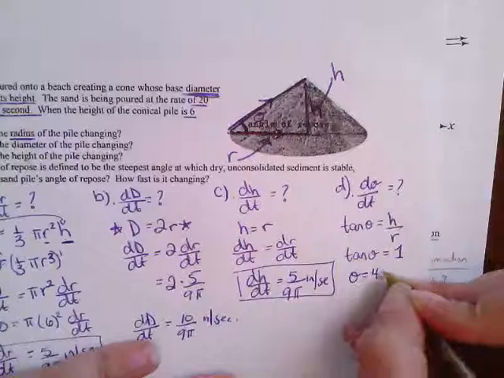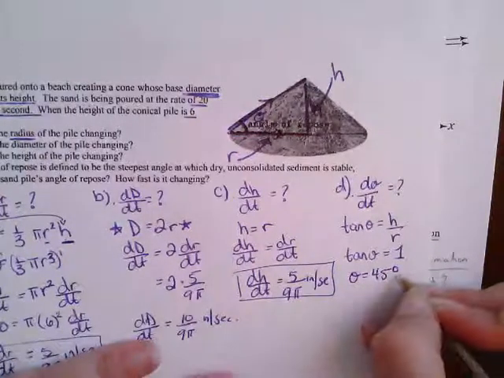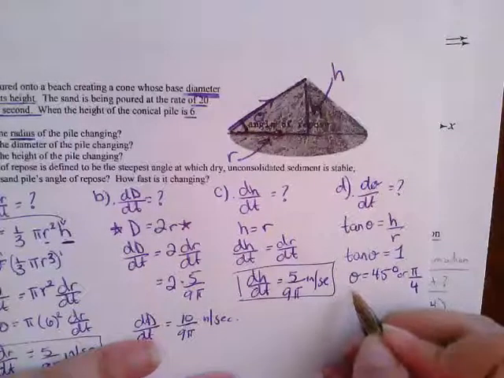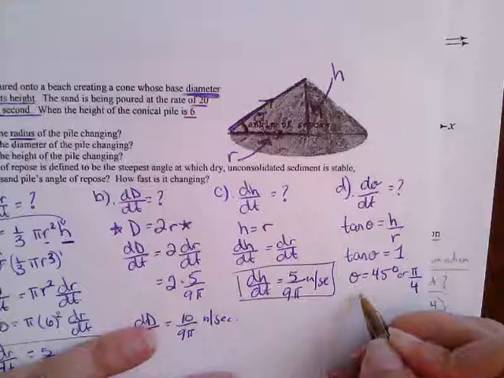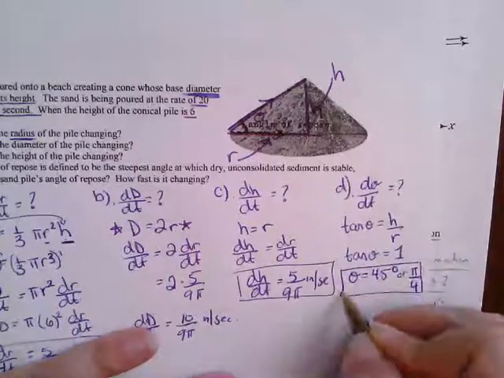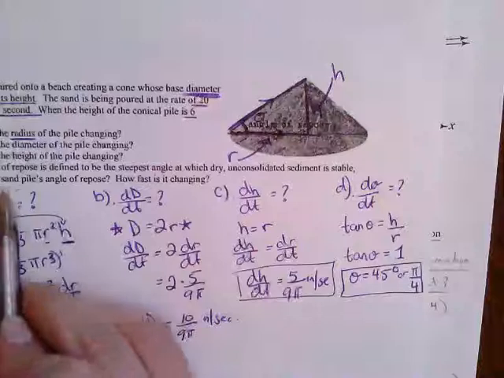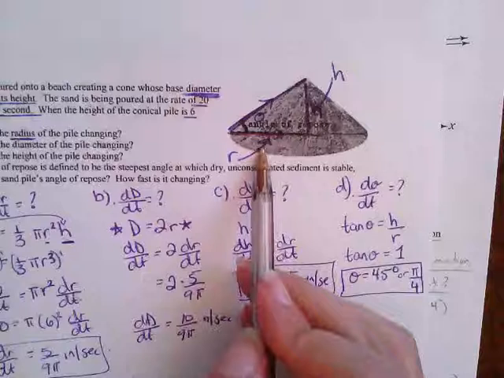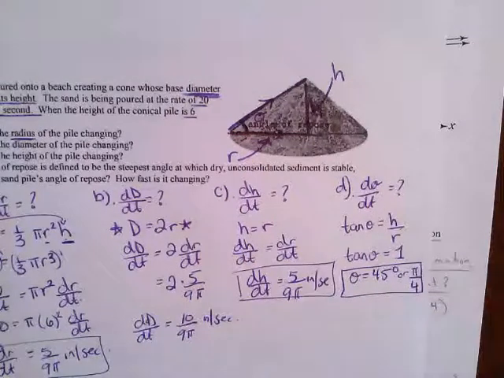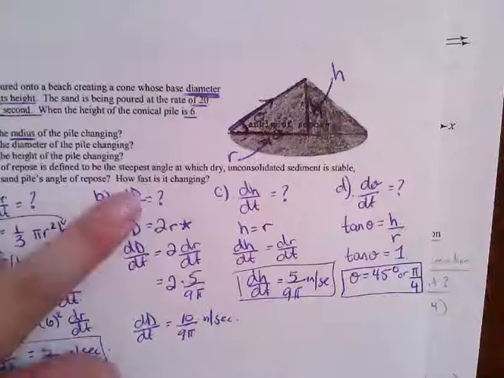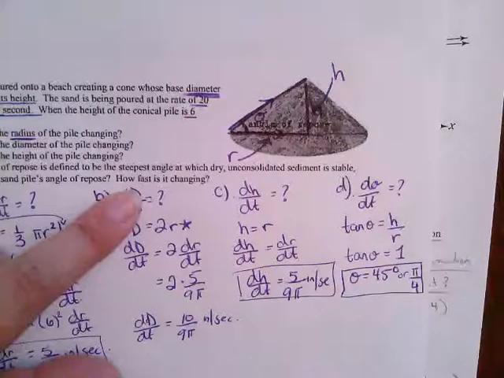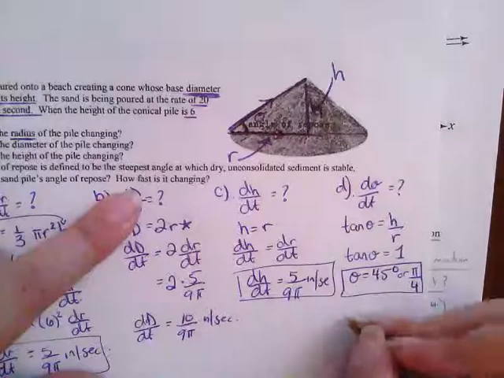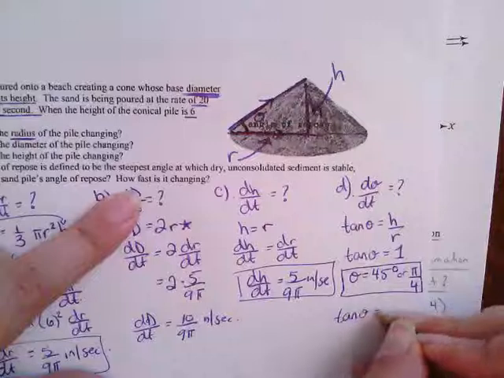That's when theta is equal to 45 degrees, or pi over 4. So this answers the first part of the question. What is the sand pile's angle of repose? When H and R are the same, it's always going to be 45 degrees. How fast is it changing? Well, we know that tangent of theta is equal to 1.